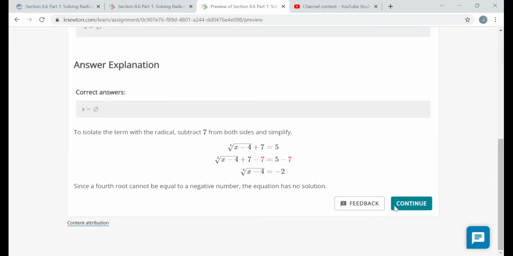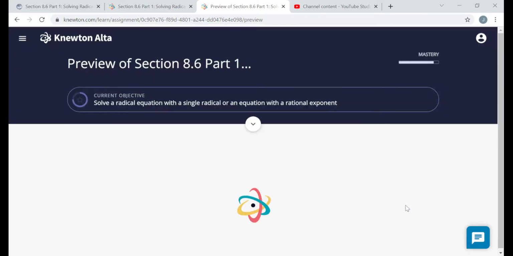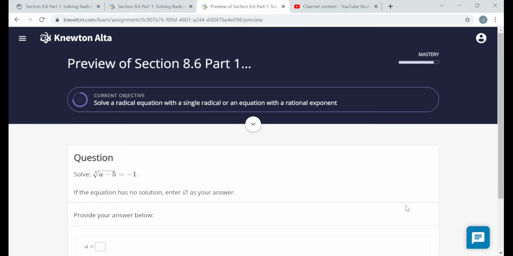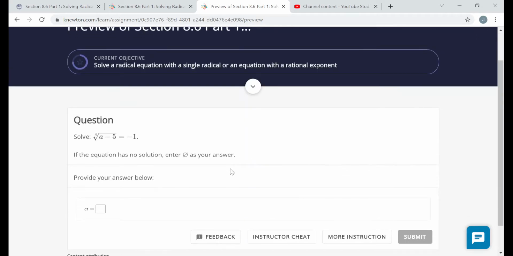All right, and then I believe I'll have one more of these. And I'm done. I'm not writing this one. Another fourth root being negative? No way. Now, if you tried solving this, you would end up with a equals 6. You raise both sides to the fourth power, then add 5. You'd have a equals 6.